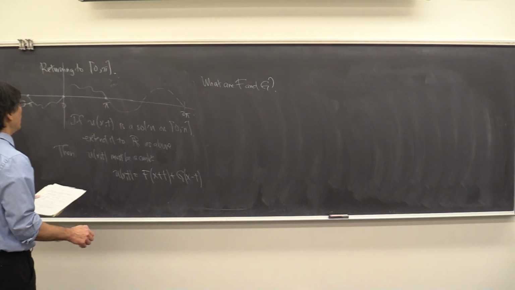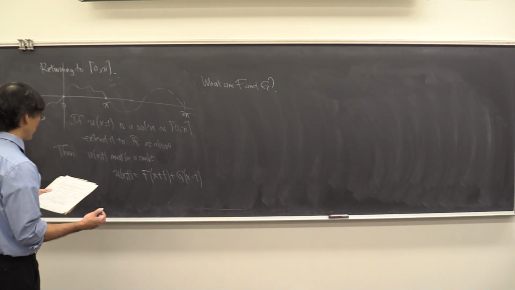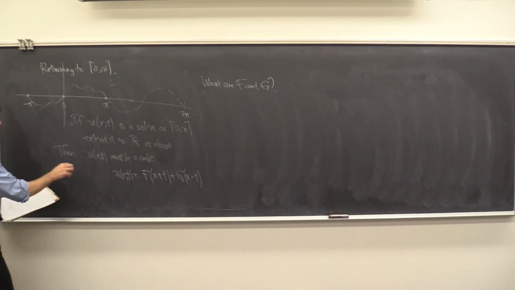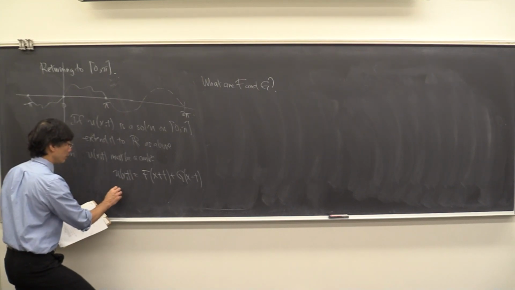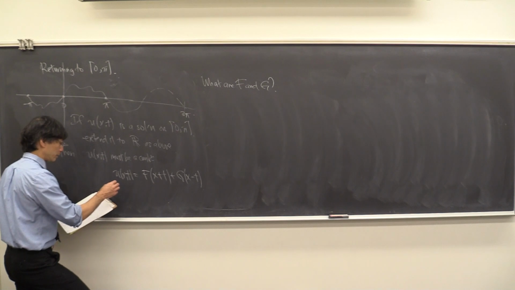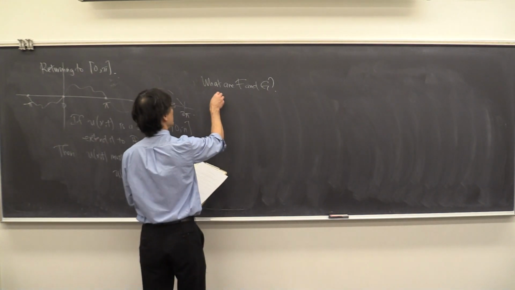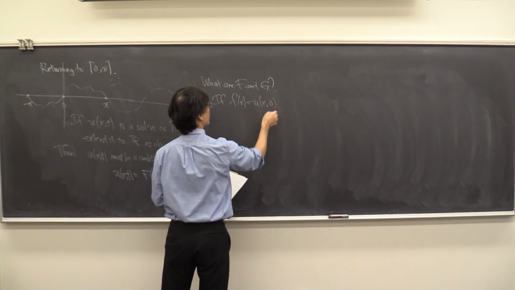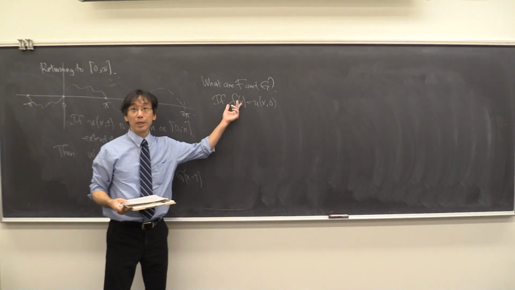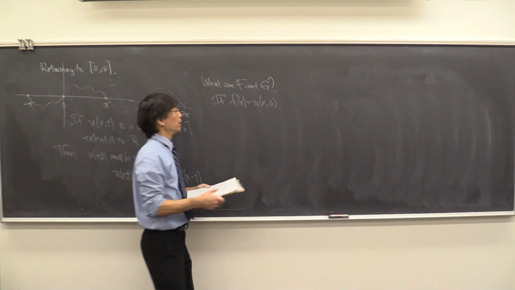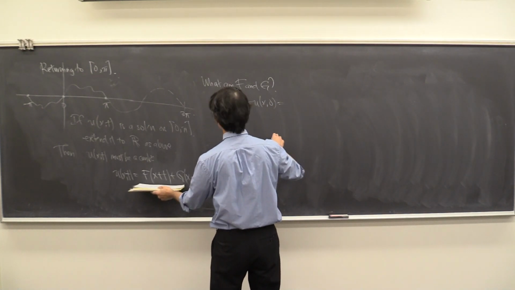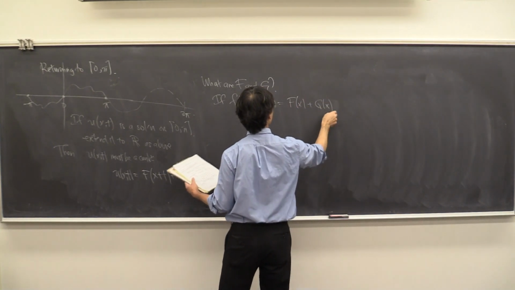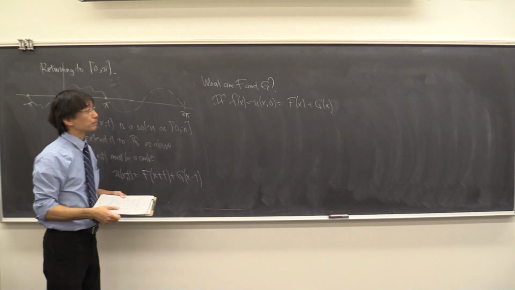Okay, so let's see. If f of x is u of x, 0, so this is the initial position of the string, right? Well, we know that's going to be capital F of x plus capital G of x, right?